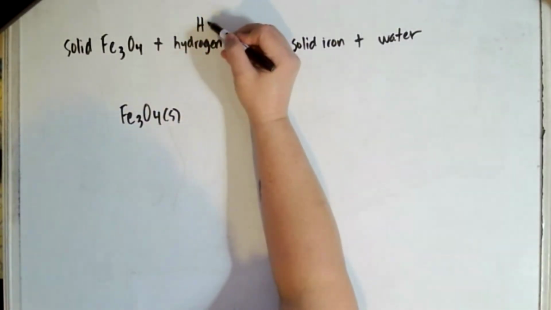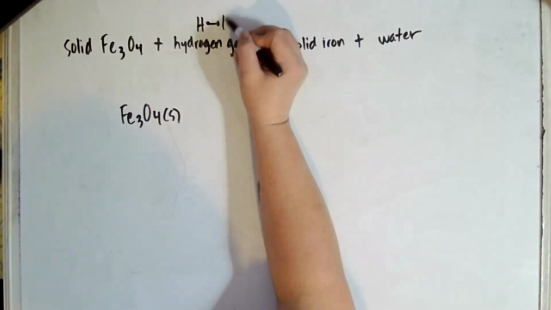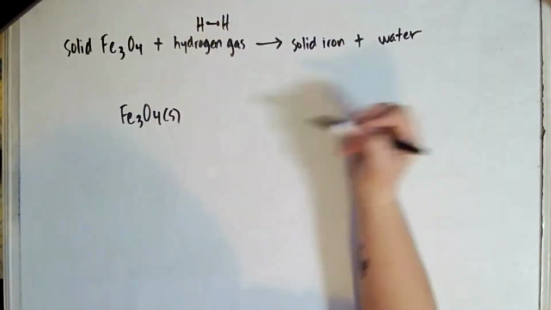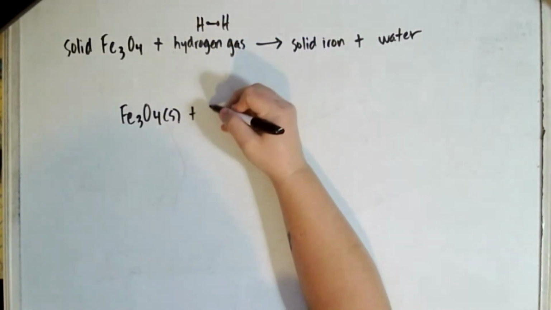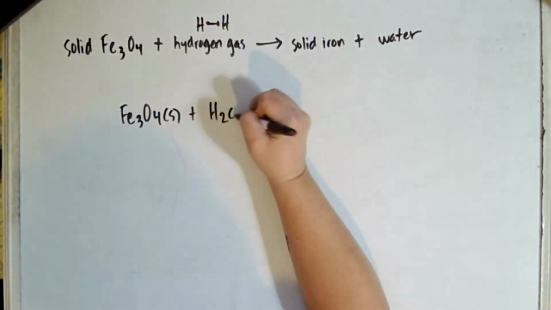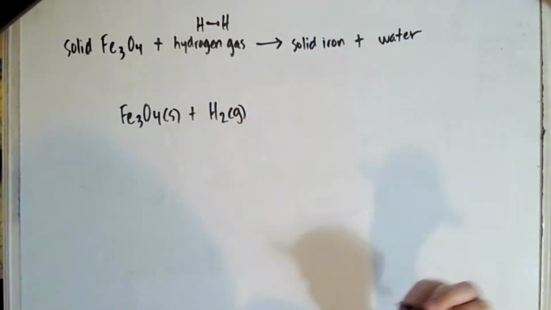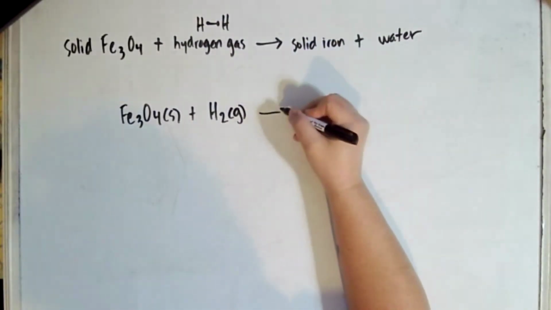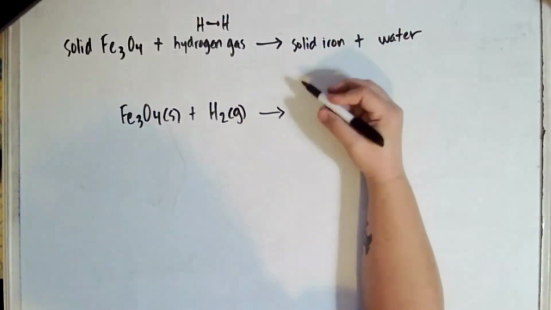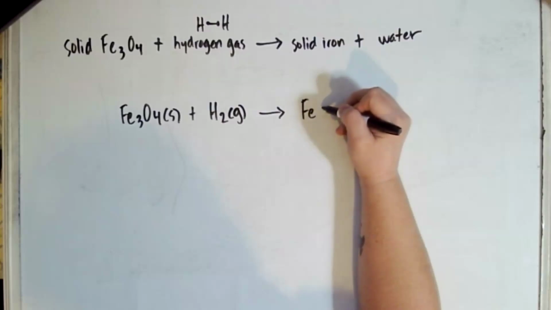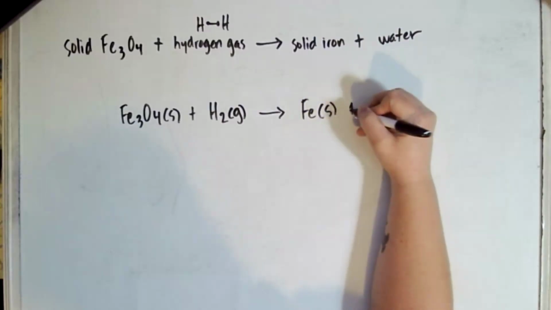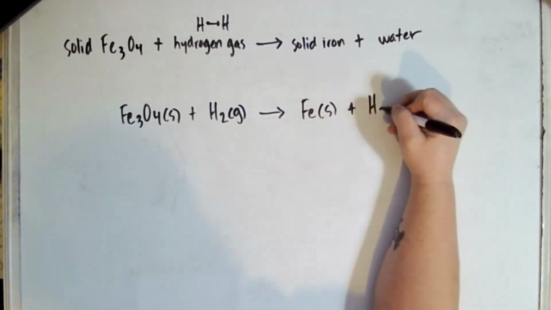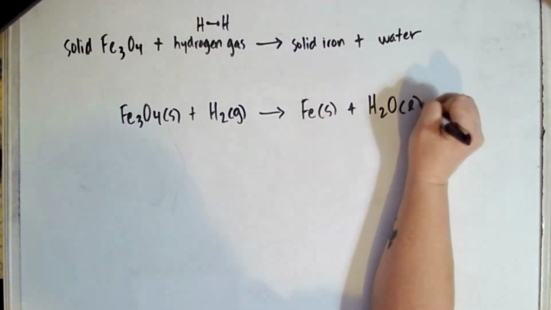That's when hydrogen forms that covalent bond with another hydrogen. So the formula for that is going to be H2. And then we'll put the gas symbol next to it. And it's going to produce solid iron and water, which we know is a liquid.